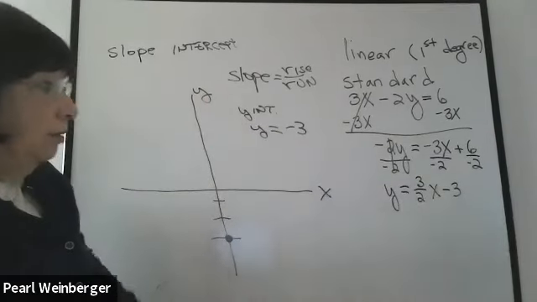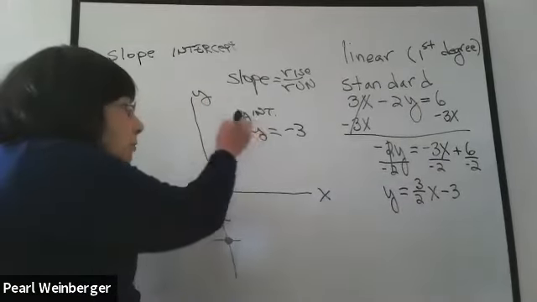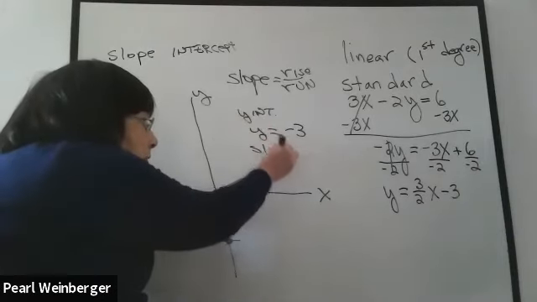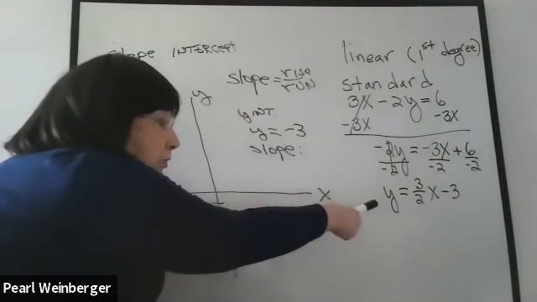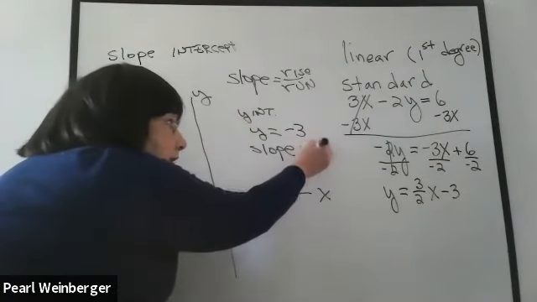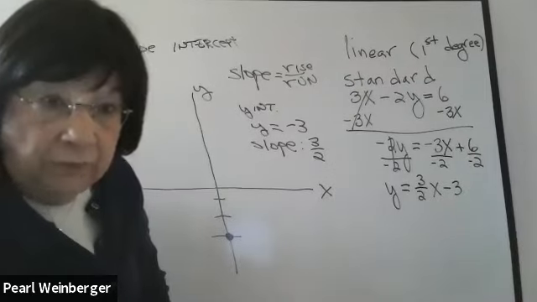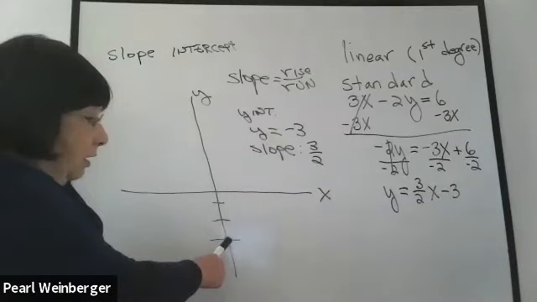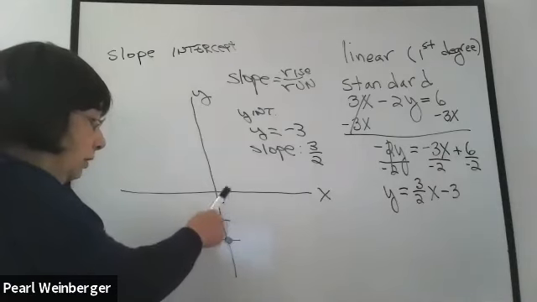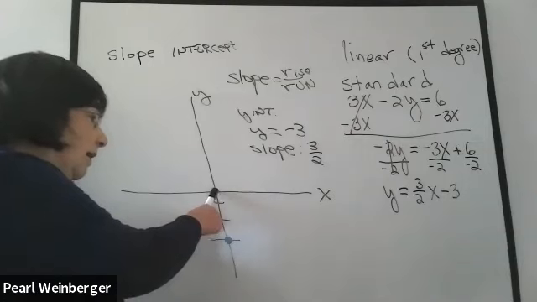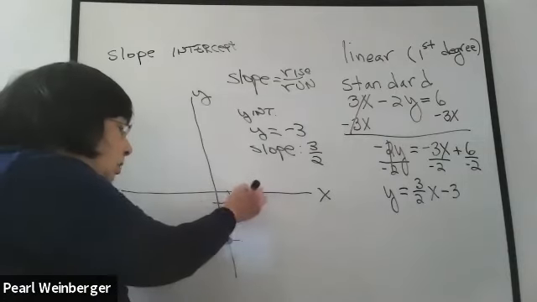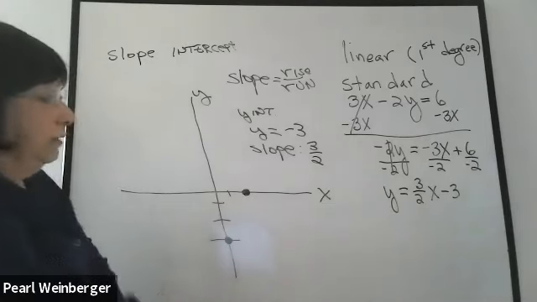And from there, we use our slope. What is our slope? Well, the slope is the number in front of the x, the coefficient of the x, which is 3 over 2, which tells me that from here, I have to count up 3, 1, 2, 3, and then count 2 to the right because these are all positive, and here's my second point.